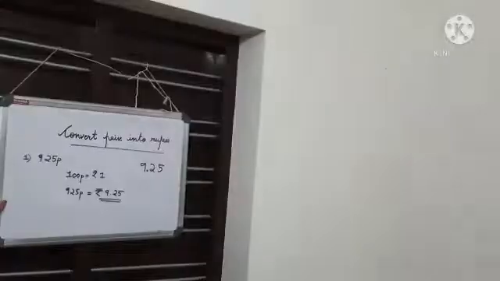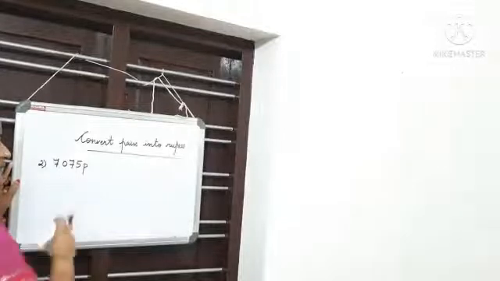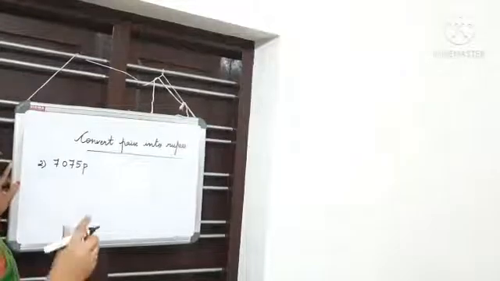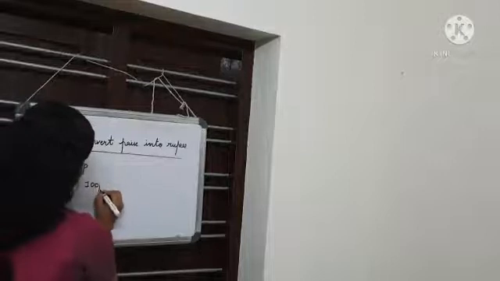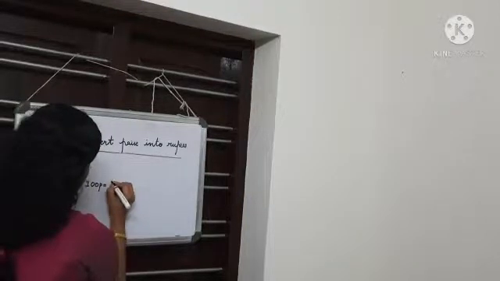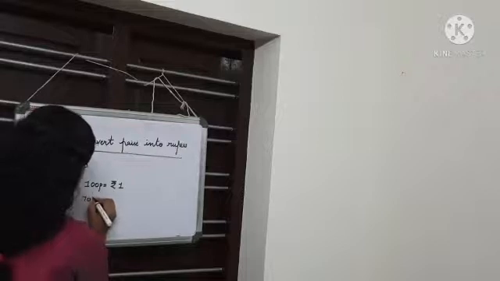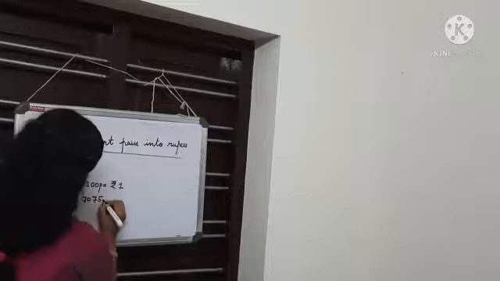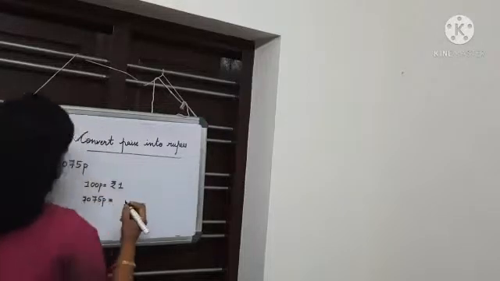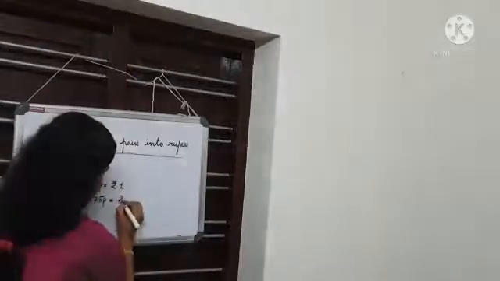Understood? We will see one more example. 7075 paise. Now let us start. We know 100 paise is equal to 1 rupee. Therefore, 7075 paise is equal to... First, you should put the rupee symbol.